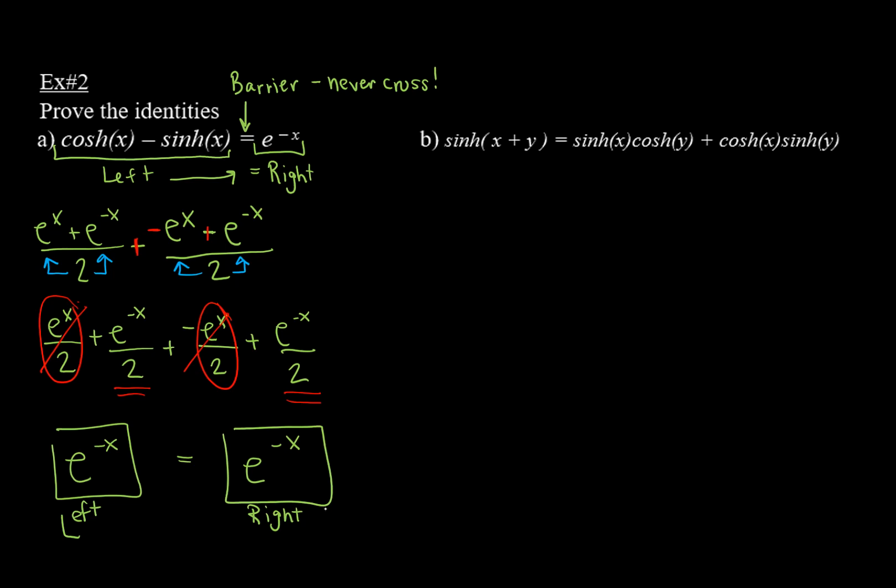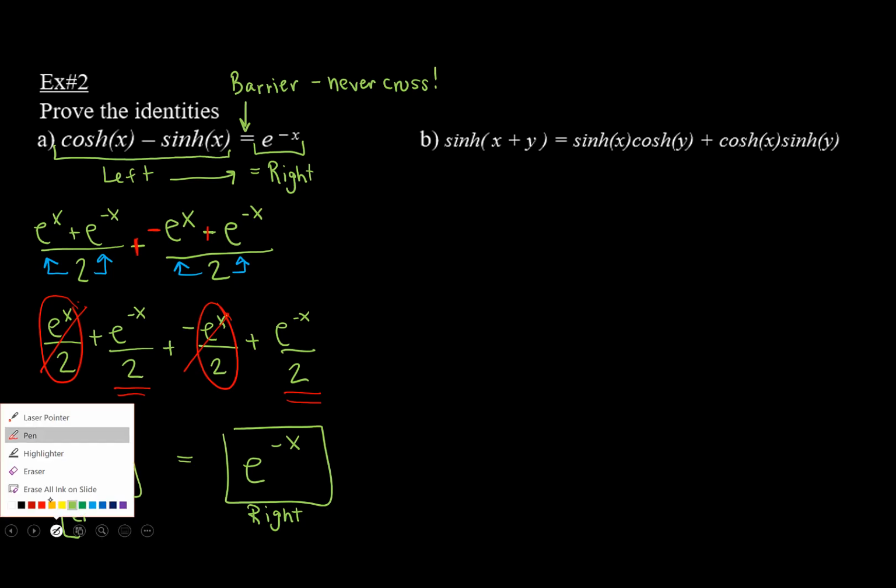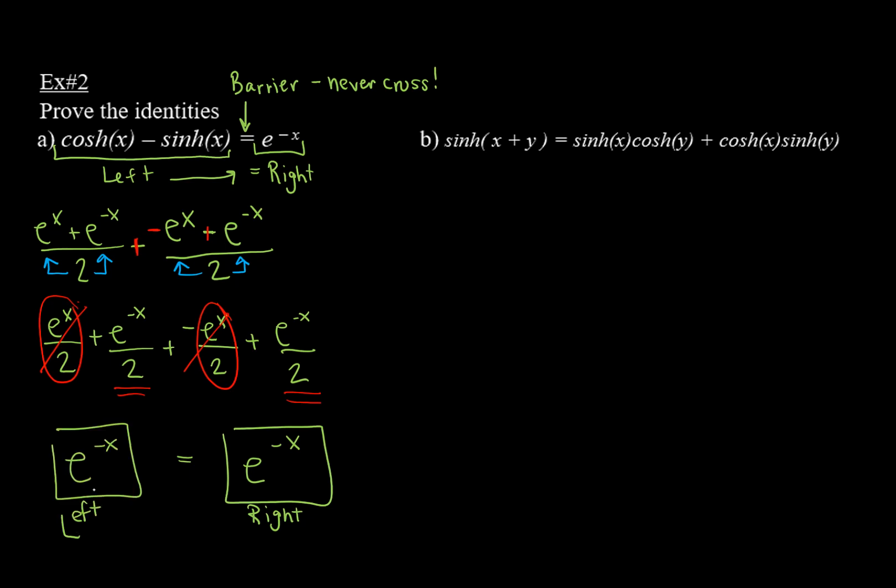Let's do the same thing with letter B. The only difference is going to be that I'm going to manipulate both sides. So my left side here, I'm going to do that first.